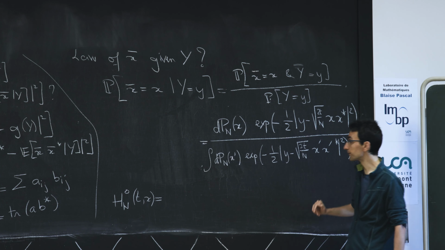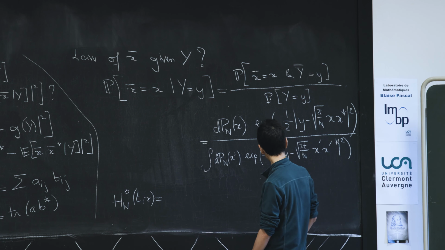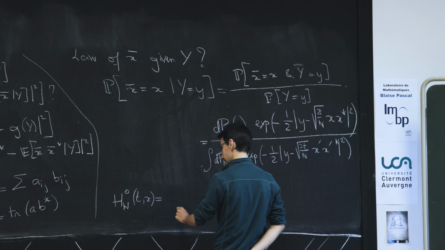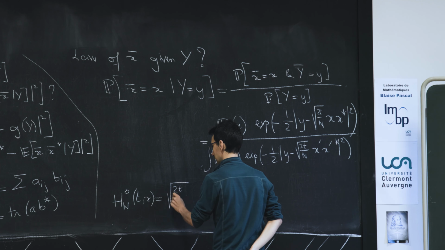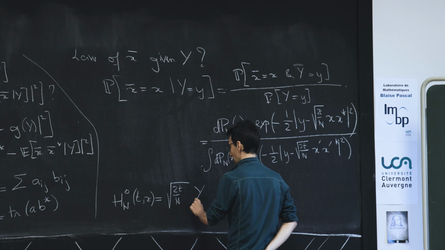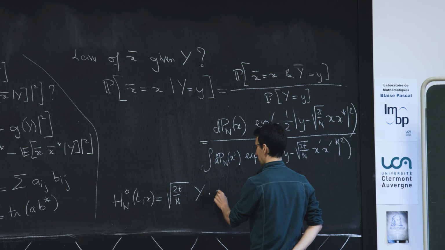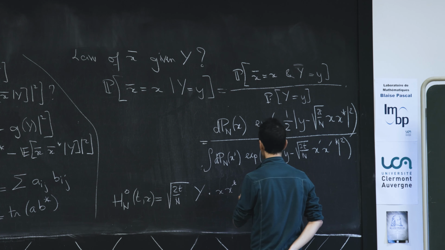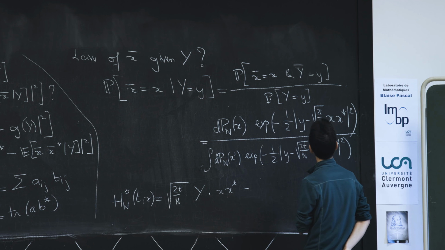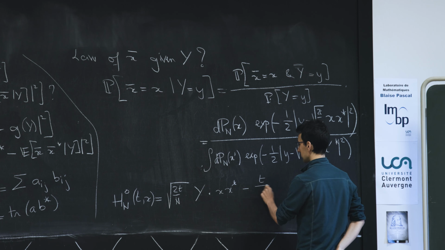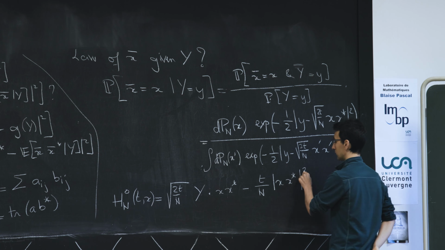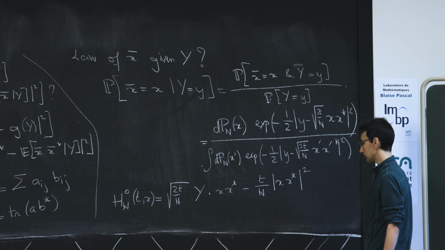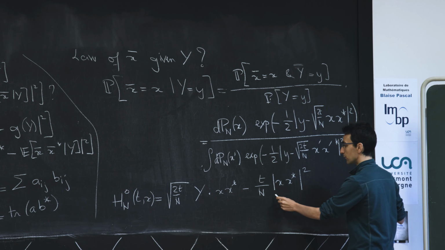Okay, so let me remove it. And then I'm just going to keep the cross product. So I get square root of 2t over n y dot x transpose minus t over n x transpose squared.